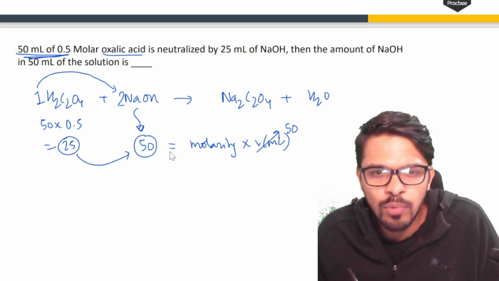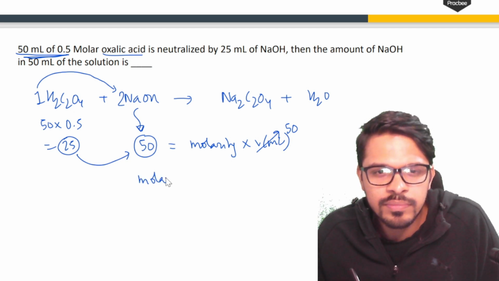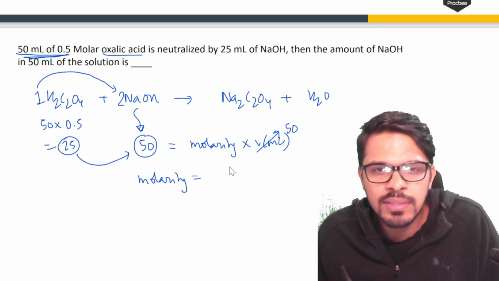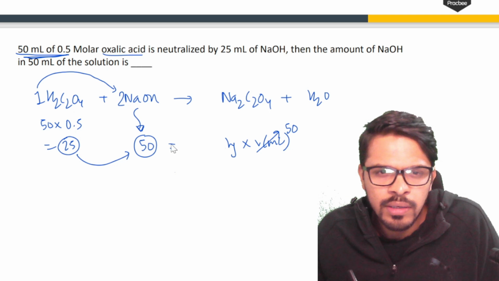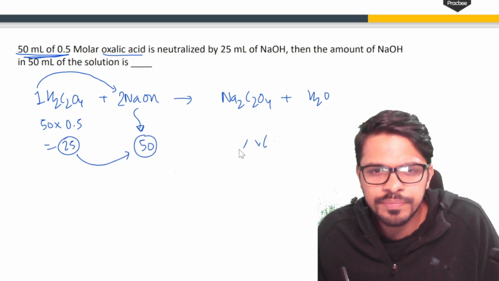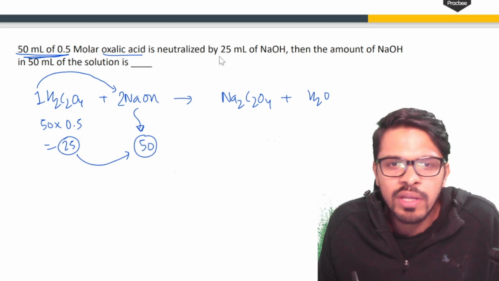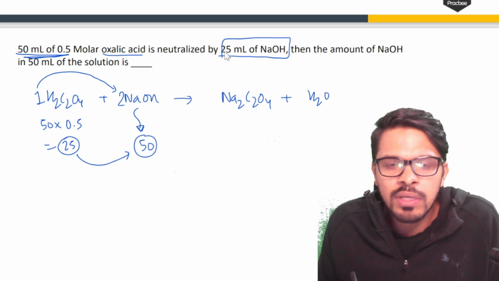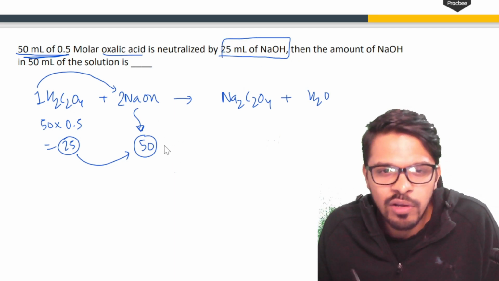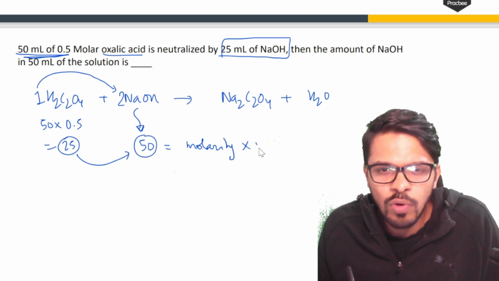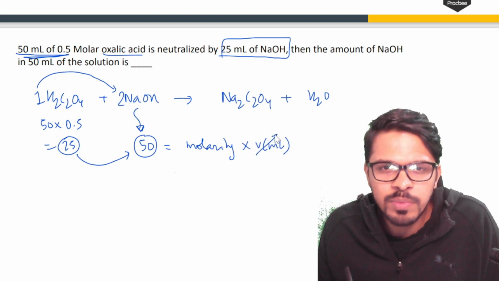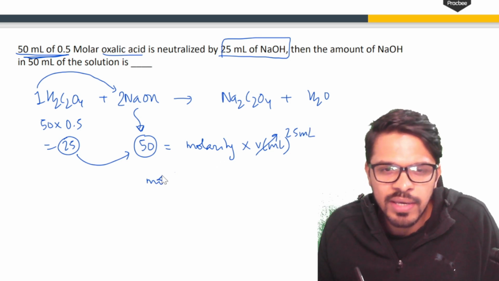Oh, I'm sorry, the question says this is neutralized by 25 ml of NaOH, so millimoles equal molarity into volume in ml. The volume is 25 ml, so through this I can say molarity would be 2 molar.